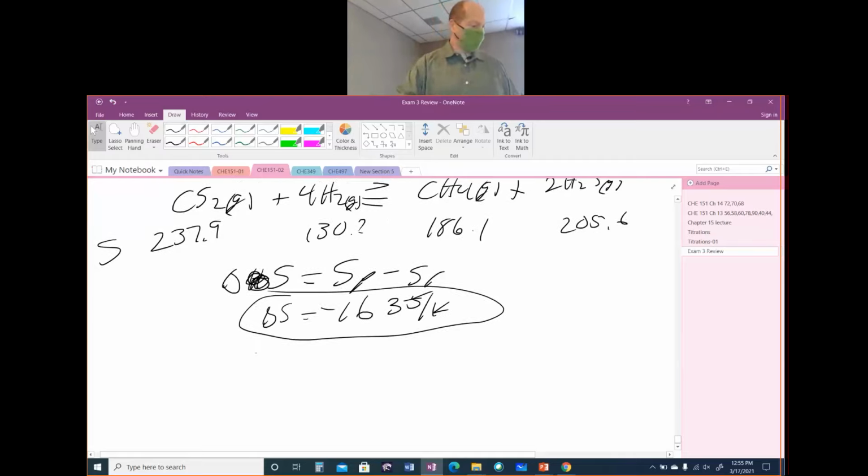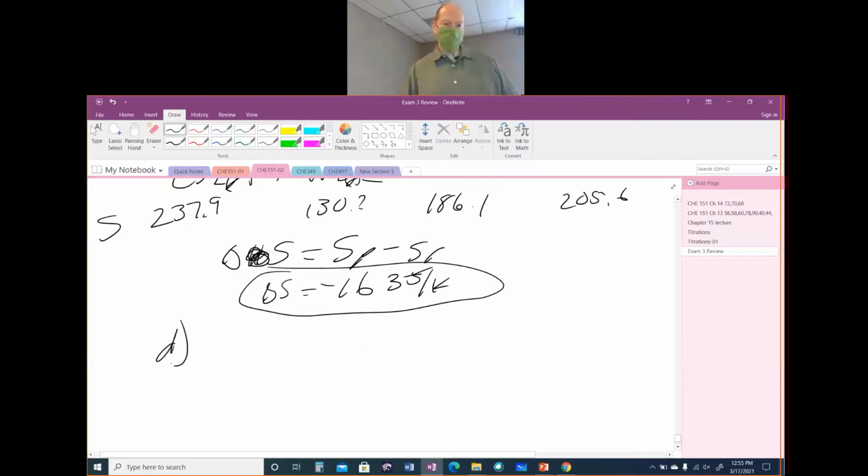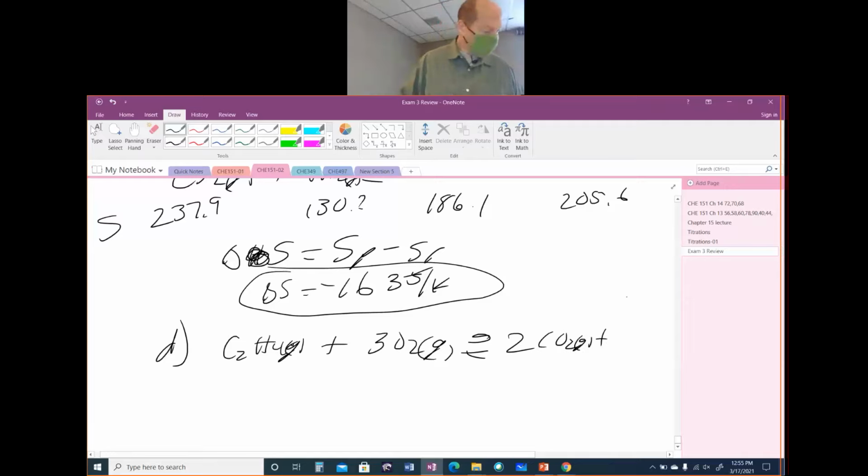Then part D, same thing. These should be very simple. C2H4 plus 3O2 goes to 2CO2 and 2H2O. So here's one that you would have to calculate. Here you have 4 moles of gas, and on the other side also 4 moles of gas.